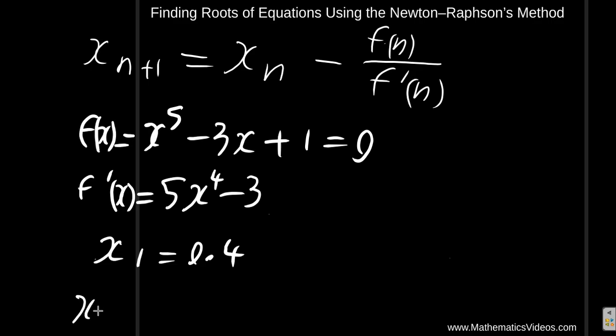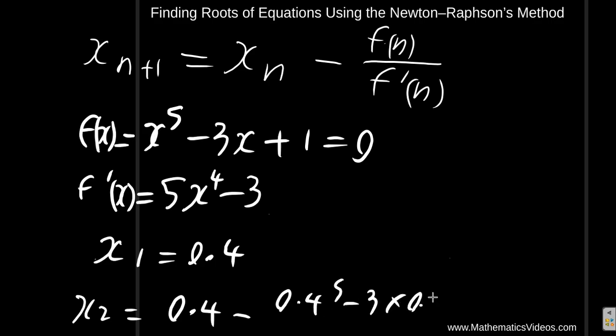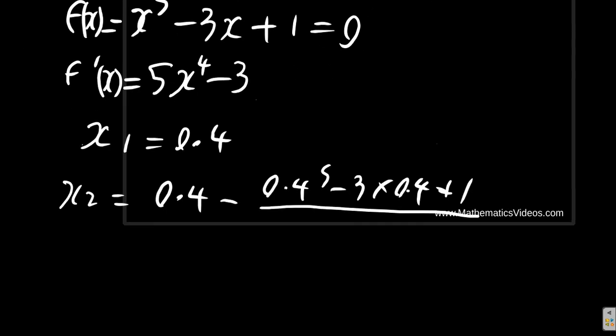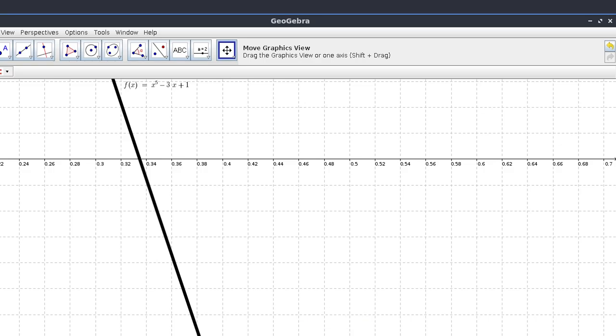Now our x2 is equal to 0.4 minus 0.4 to the fifth power minus 3 times 0.4 plus 1, divided by 5 times 0.4 to the 4 minus 3. So let's get our calculator.